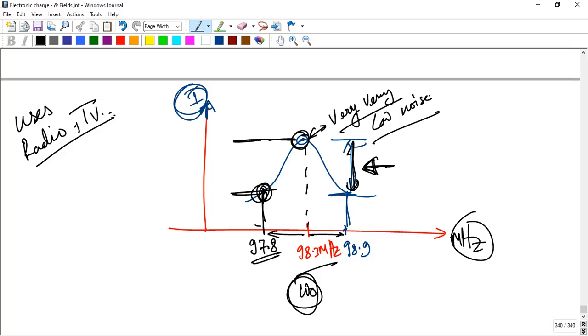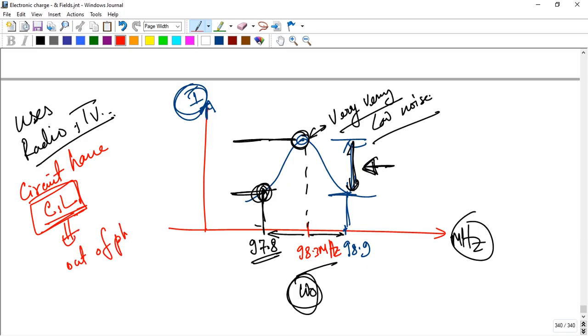These resonance circuits have only L and C components. So here is a very important feature of the resonance circuit. The circuit has C and L. These two are frequency dependent functions, and these C and L are always out of phase.